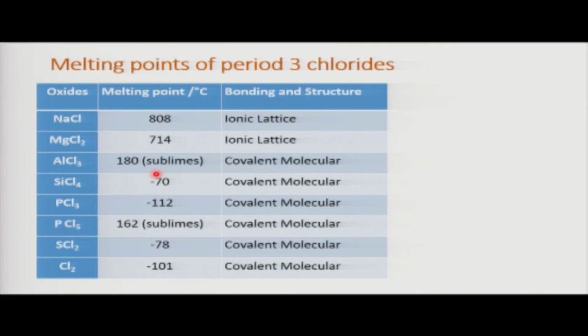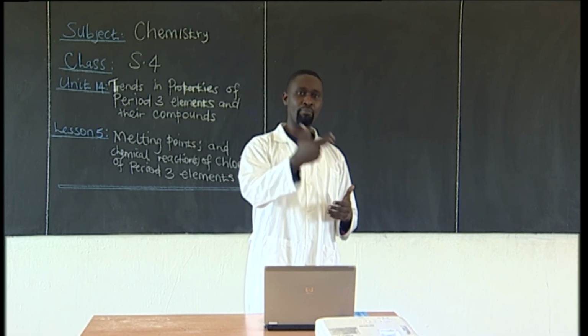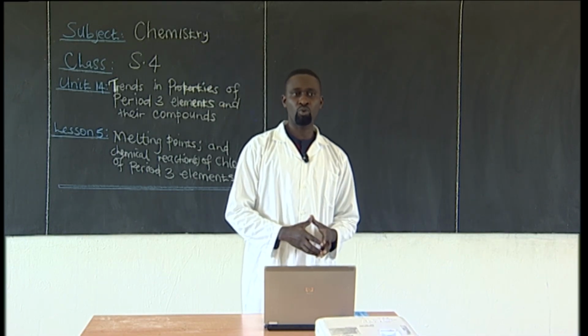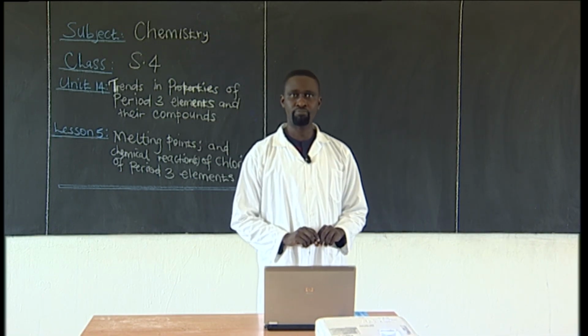But then, take note, we have aluminum chloride, which has a relatively higher melting point compared to these, and even phosphorus pentachloride having relatively higher melting points. So I pose a question: why are aluminum chloride and phosphorus pentachloride having relatively higher melting points compared to their respective covalently bonded chlorides in this table?